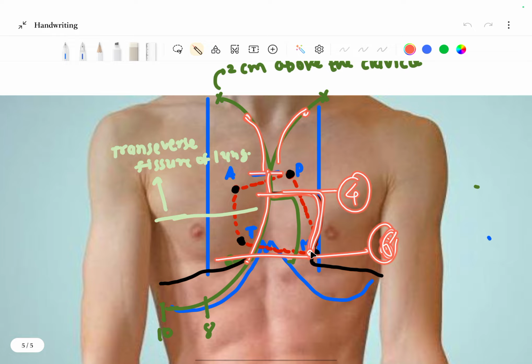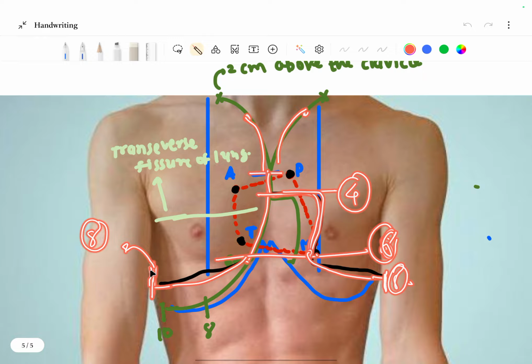Now from the sixth costal cartilage, these borders pass laterally and downward, and this is your mid axillary line. They will meet at the mid axillary line at the 8th rib. Both will come at the 8th rib in the mid axillary line.